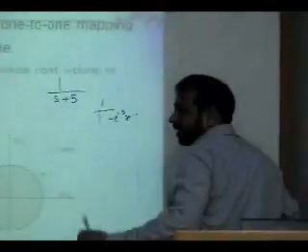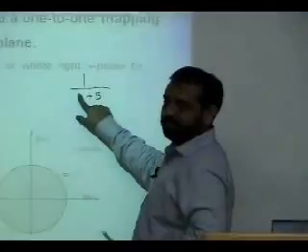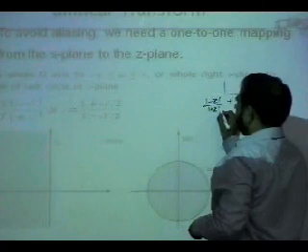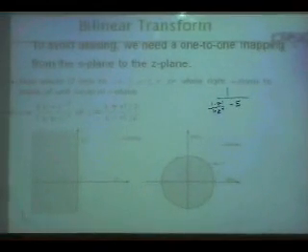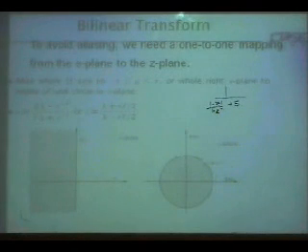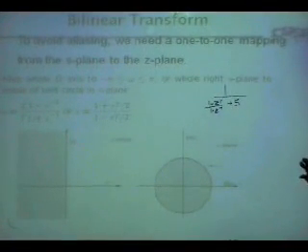But in this case, you replace this S by 1 minus Z inverse over 1 plus Z inverse. So this is the transformation that S is replaced by, and still I want to make sure that this transformation will not disturb the stability.